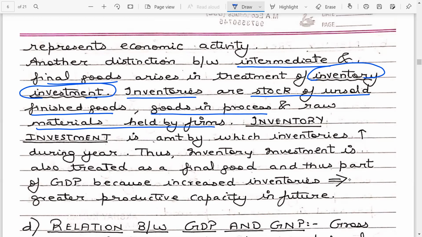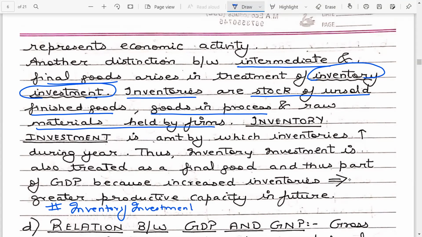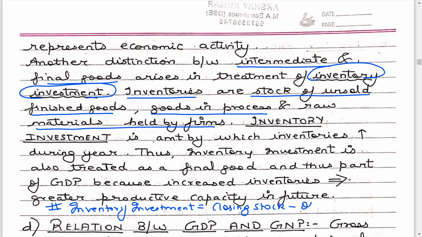So I can say my inventory investment is nothing but closing stock minus the opening stock.